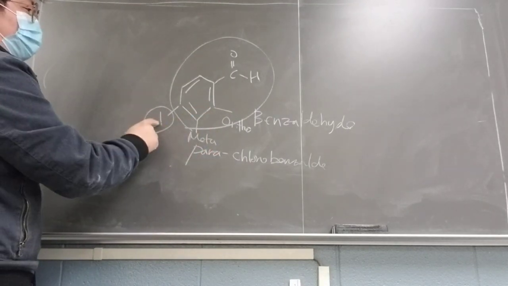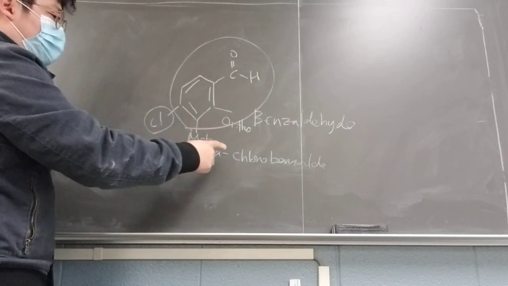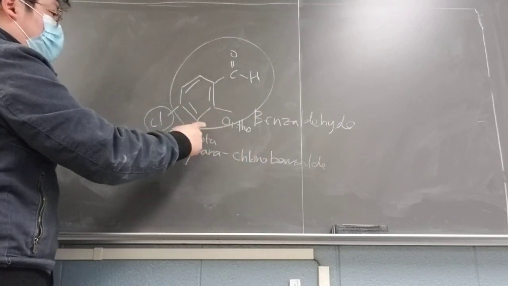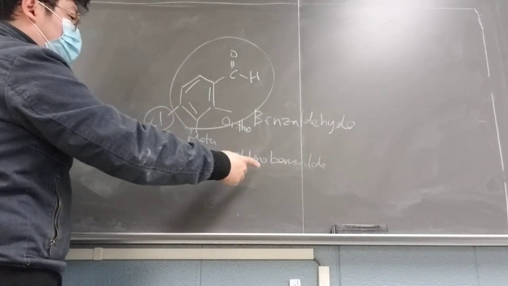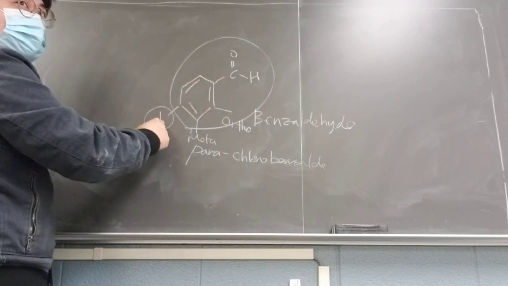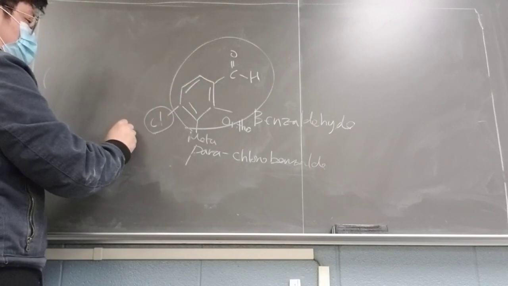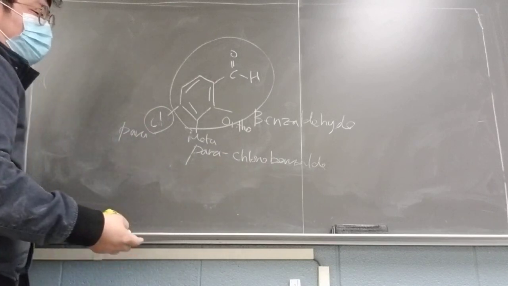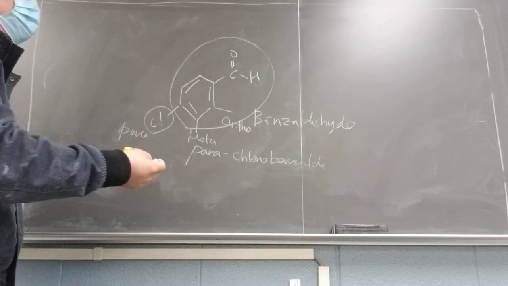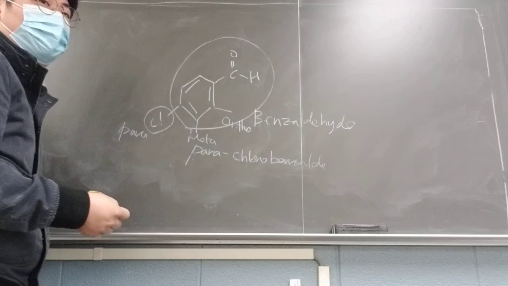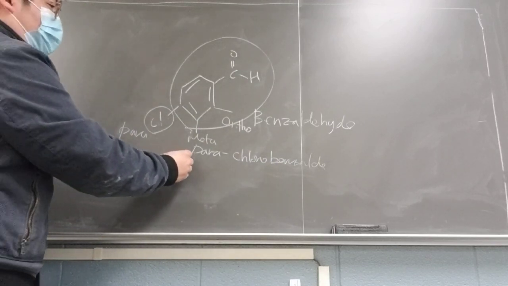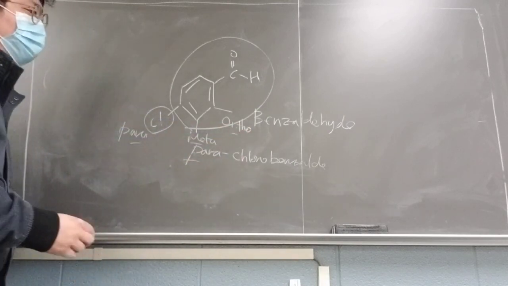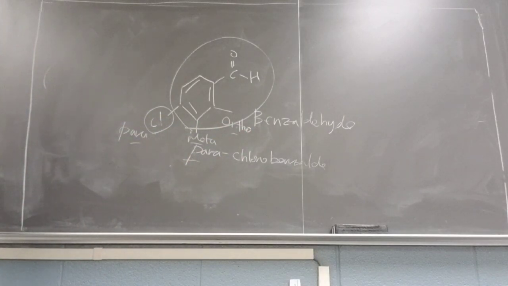So if the chlorine was here, it would have been ortho-chlorobenzaldehyde. If it was here, it would have been meta-chlorobenzaldehyde. But now in the opposite position, which we call para-chlorobenzaldehyde. If you say 4-chlorobenzaldehyde, I might say, oh, it's reasonable. But we have the specific term that we know for the position. So para-chlorobenzaldehyde would be much better.